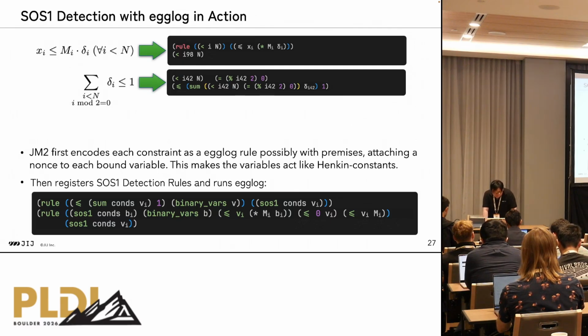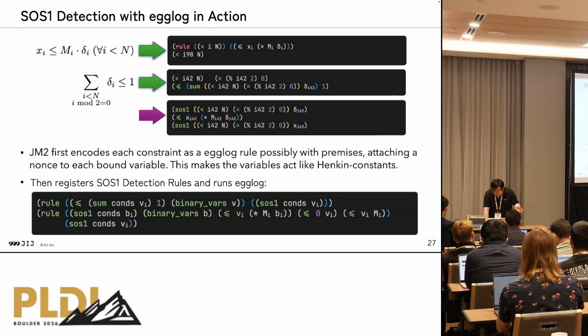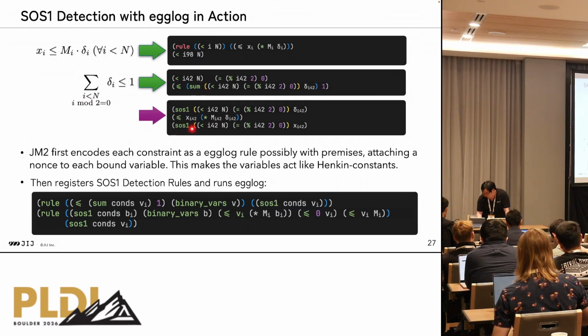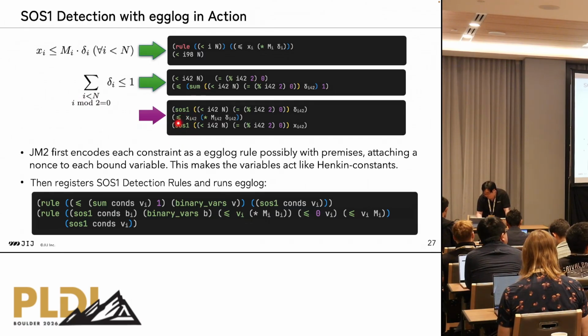So, because the nonce carries the bound variable facts, Egglog can connect the two constraints and derive the SOS1 structure over X. The first SOS1 is derived immediately from the first, and then it infers that X or xi42 always satisfies this upper bound constraint, and therefore X also satisfies SOS1.